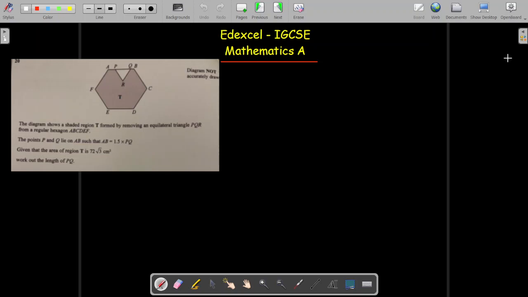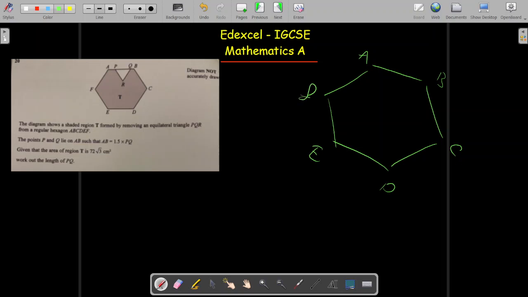This is a problem that is related to the polygon topic, and as you can see in front of you, you have a polygon that is actually a hexagon, because it has 6 sides, and the diagram shows you the shaded region T. So I'm going to do a quick demonstration for this hexagon. This hexagon is referred to as A, B, C, D, E, F, and you have a small triangle here.